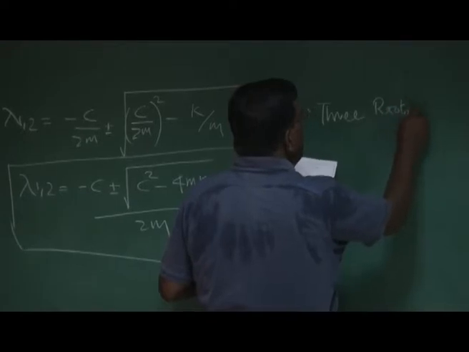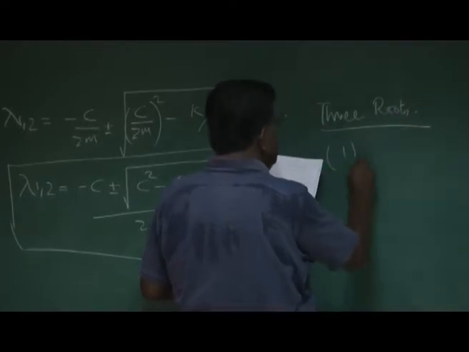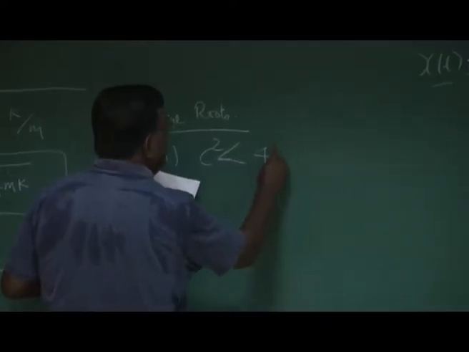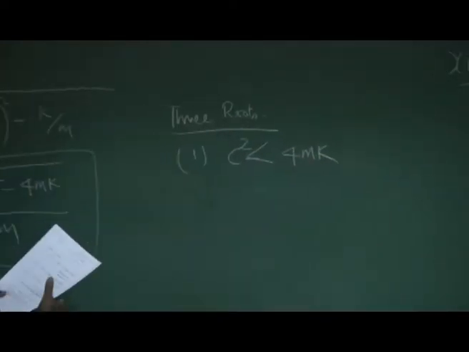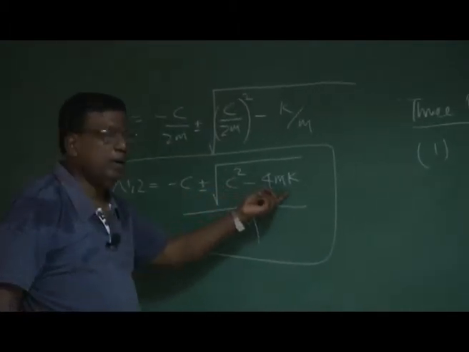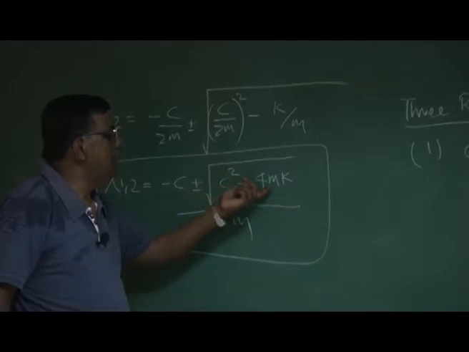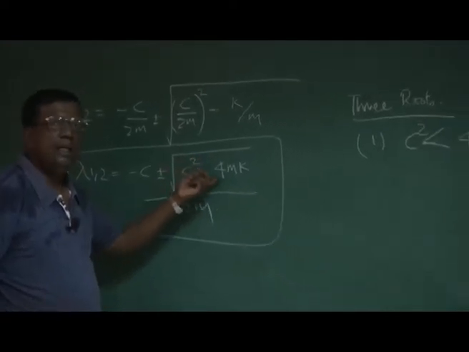There are 3 values of lambda possible. One is if c square is less than 4mk. You could see from here, if c square is less than 4mk, that means the term inside the under root will be negative.